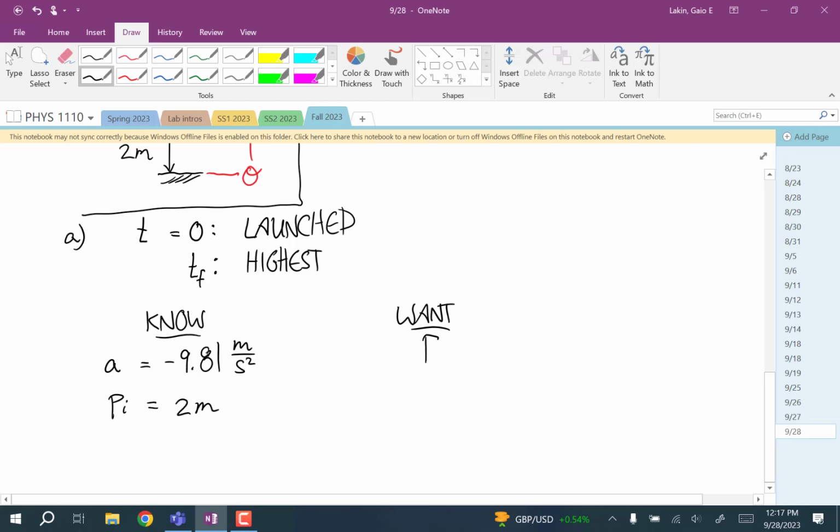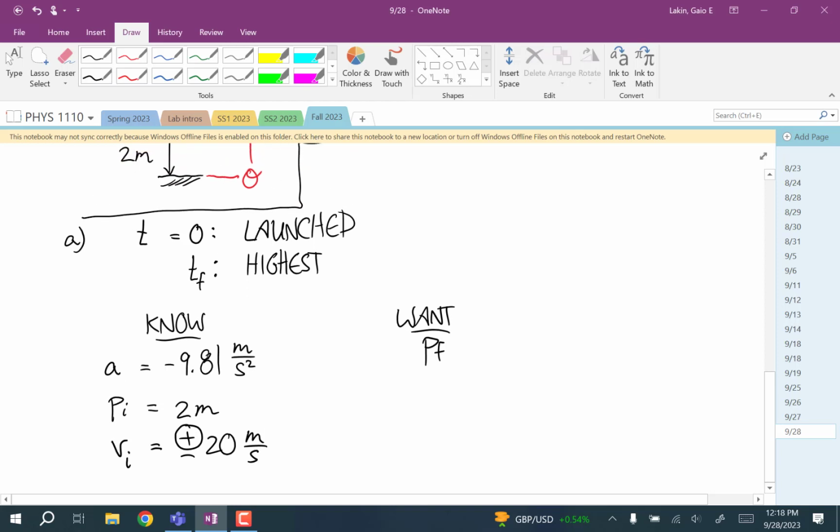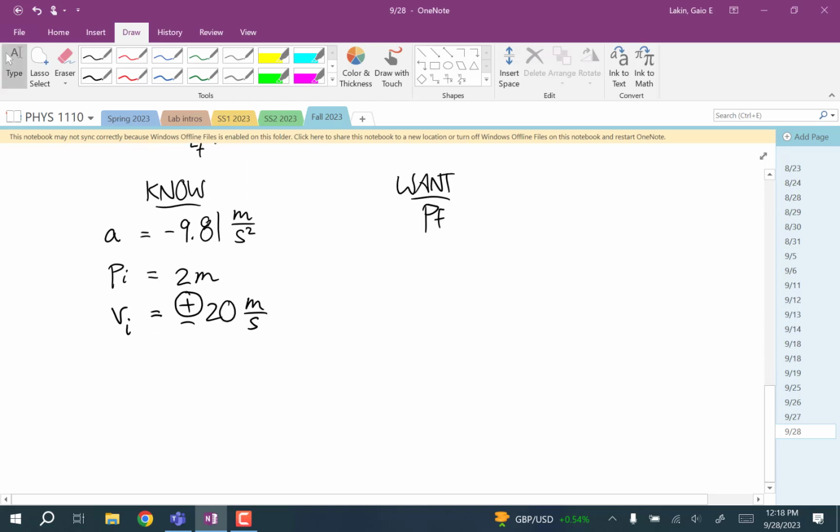P final is what we're trying to find. V initial, we know the speed is 20 meters per second. It's up, which we chose as the positive direction, so we want the positive there. And the thing that you're always going to use if you're calculating something at the highest point is that the velocity at that point, in this case v final, is equal to 0.